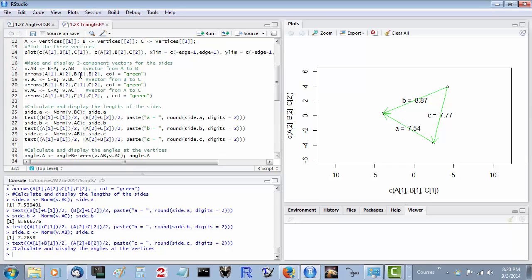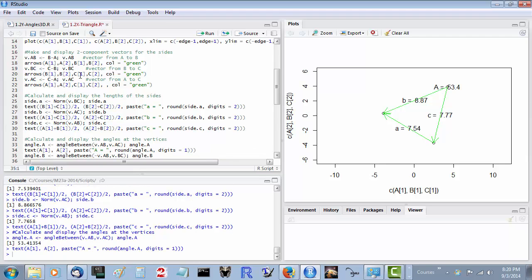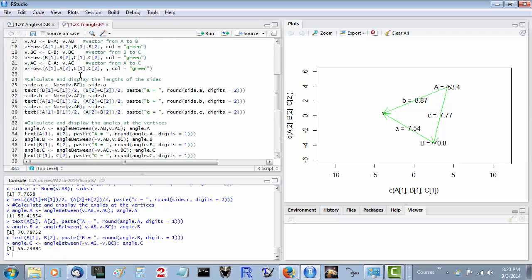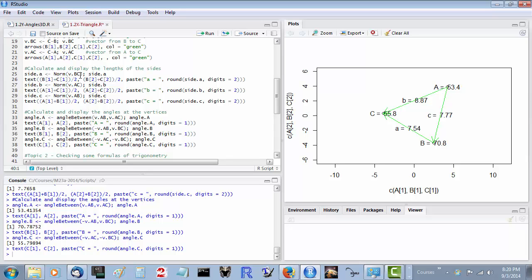I can also, using the angle between function based on the dot product, calculate the angle at each vertex in degrees and write it next to that angle. And this is the convention you're probably used to from the course in which you took trigonometry. The side opposite the vertex C is labeled little c.